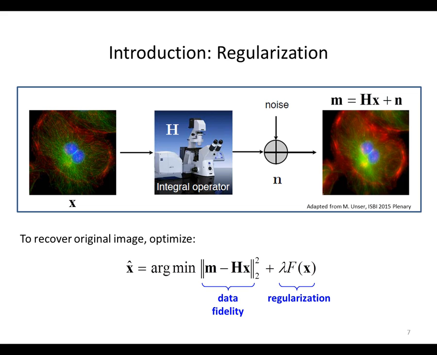We optimize a cost function, and the cost function has two terms. One is all about matching, making sure that our solution matches our measured data, and the other one is this regularization term that encodes some of our assumptions about what we think the solution should look like. For example, maybe we know that it's smooth or sparse. There are a lot of functions that people can use here. Now, if your assumptions about the solution are correct, then this works.